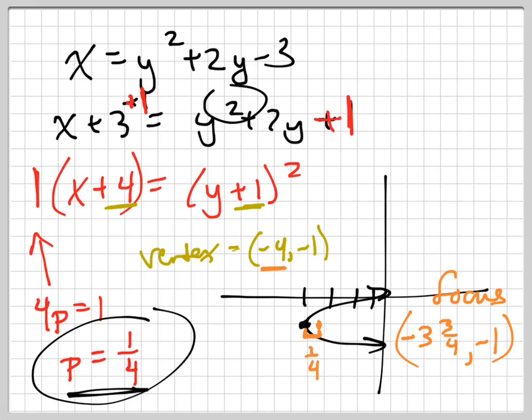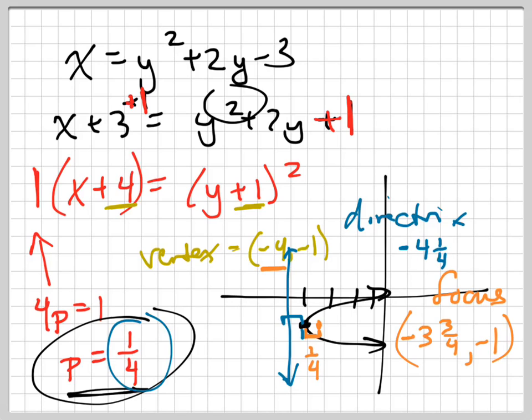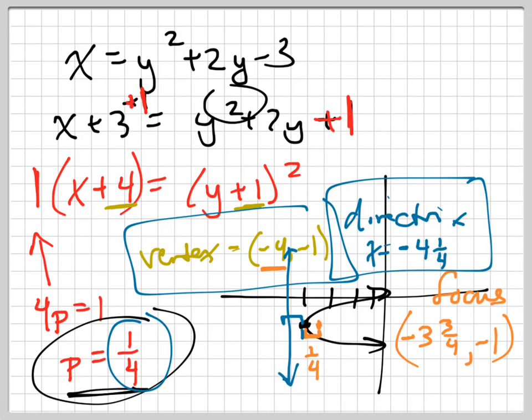The directrix, I'll use blue, is going to be 1/4 this way on the outside, and it's a vertical line. So the directrix is x equals -4 1/4, because I'm going a fourth to the left. And so there are all my important points and characteristics, and there's my graph. That's how you do that. So watch those again and maybe try a couple more on your own.